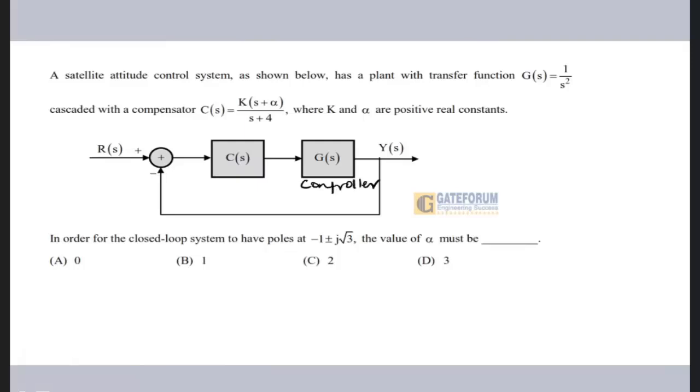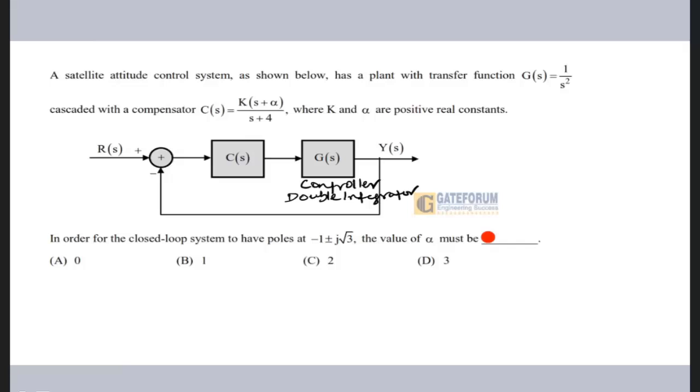This one is a double integrator, and it is cascaded with a compensator C(s) whose transfer function is given, where k and alpha are positive real constants.